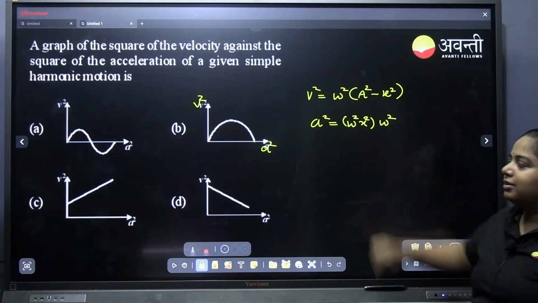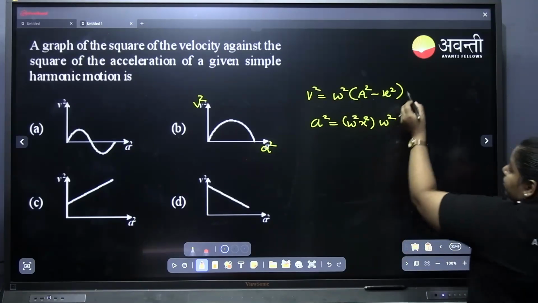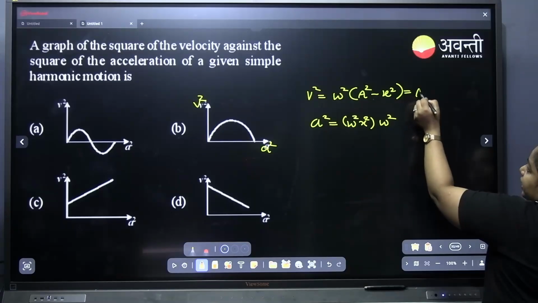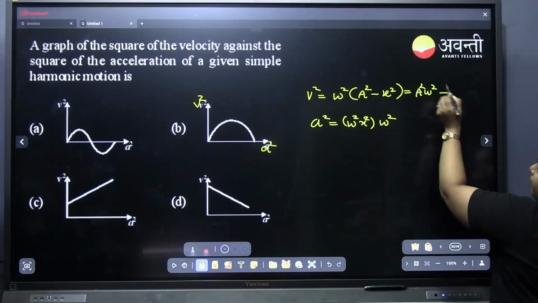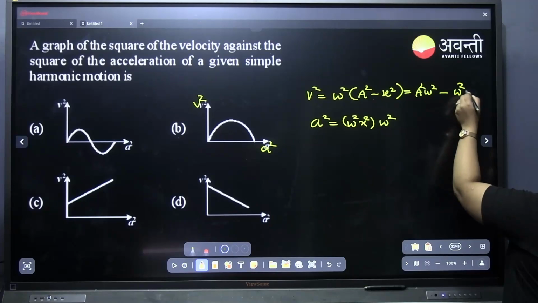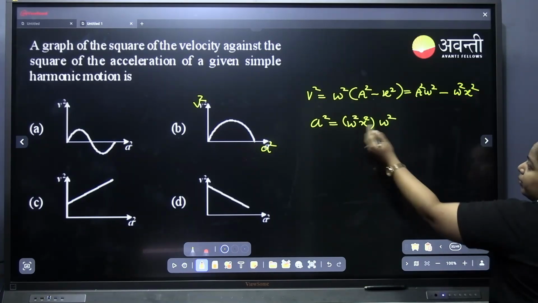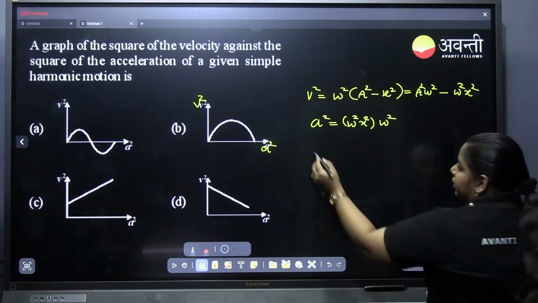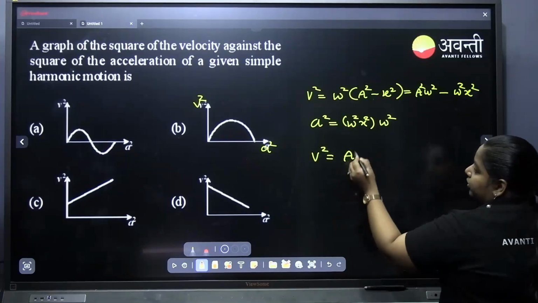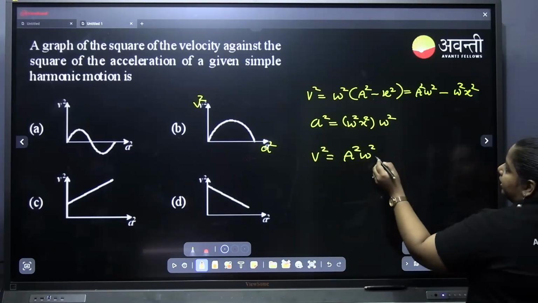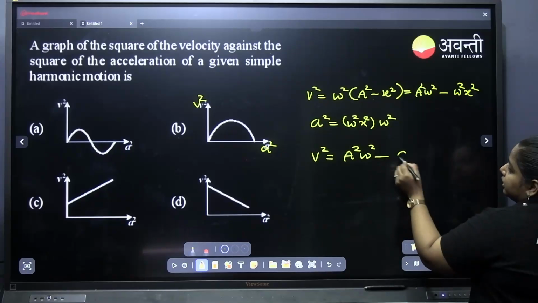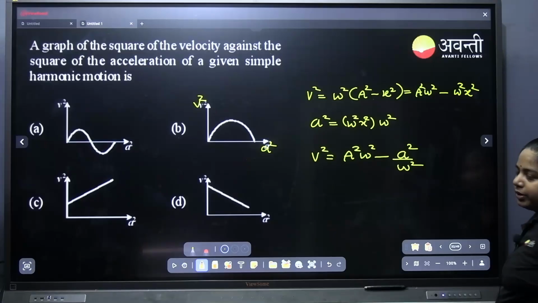Why I wrote it like this is because if I take it inside, I will get A square omega square minus omega square x square. So omega square x square I can substitute, as V square equal to A square omega square minus acceleration square divided by omega square.